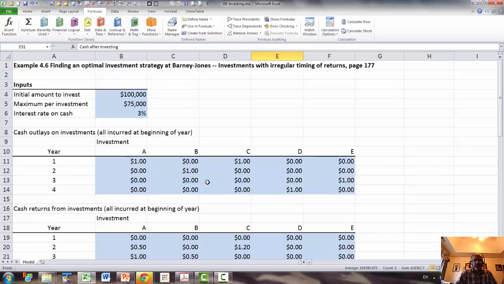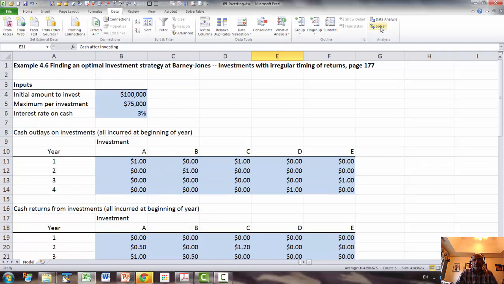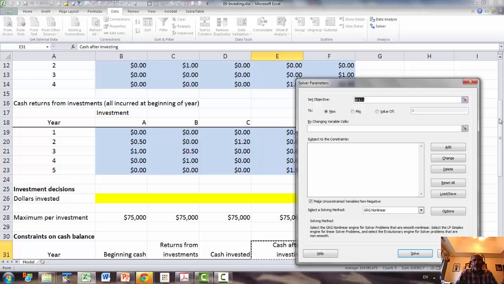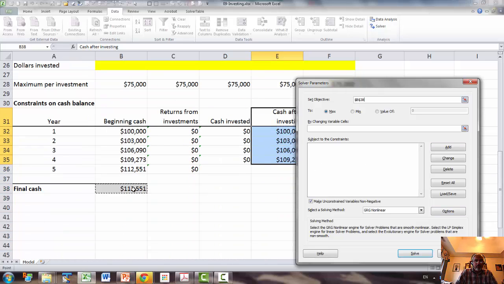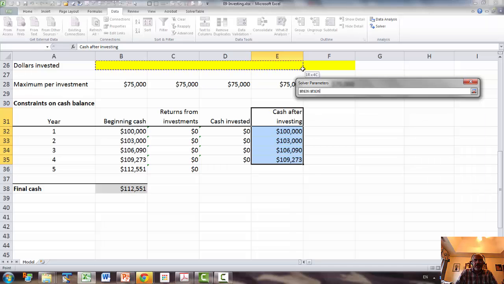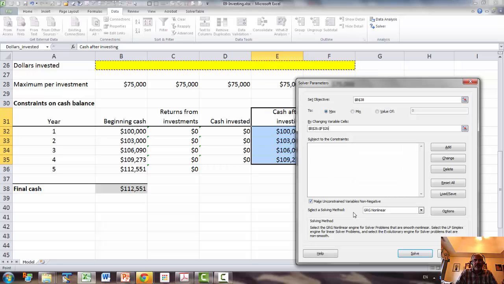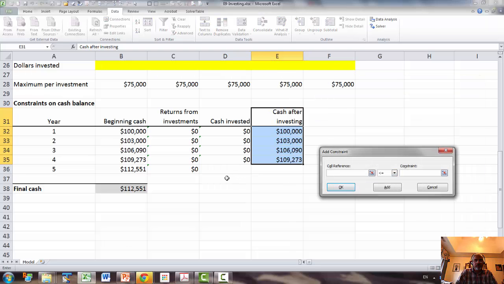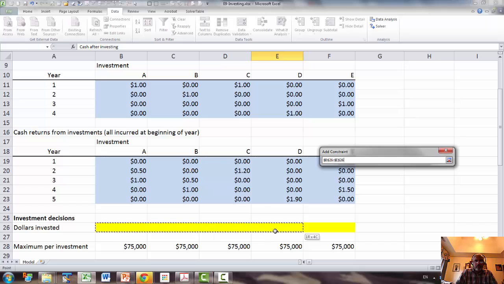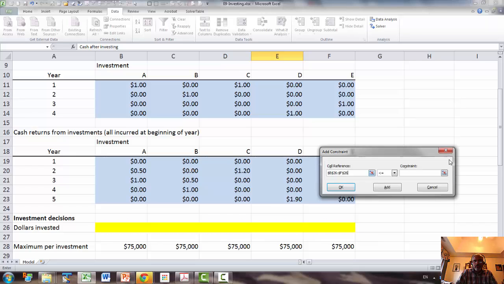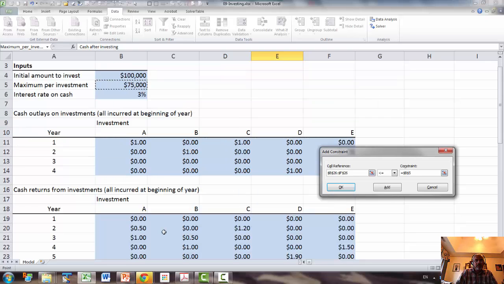Okay, so now let's go to solver, and we want to maximize the final cash position by changing how many dollars we're going to invest in each of the investment portfolios. Less than or equal to maximum investment.